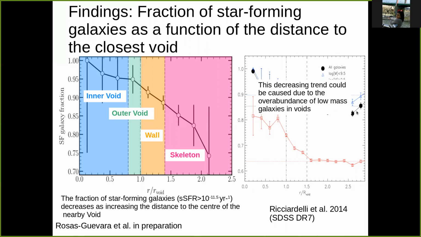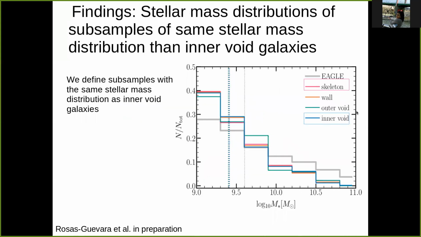However, this decreasing trend could be caused by the overabundance of low mass galaxies in voids. In order to separate the effects of the stellar mass, we define subsamples with the same stellar mass distribution as the inner void galaxies.